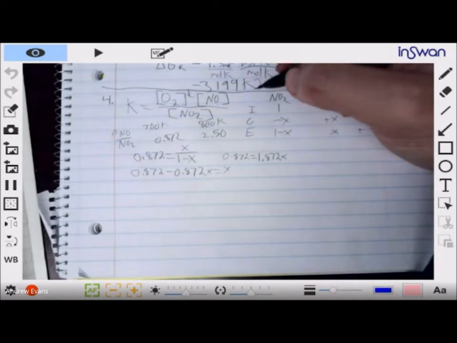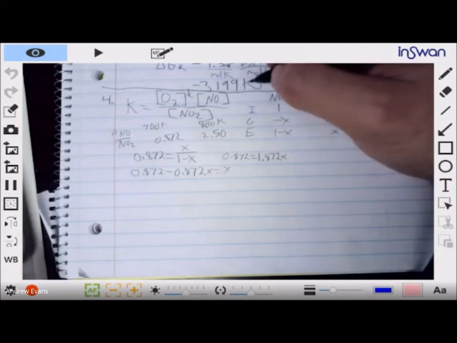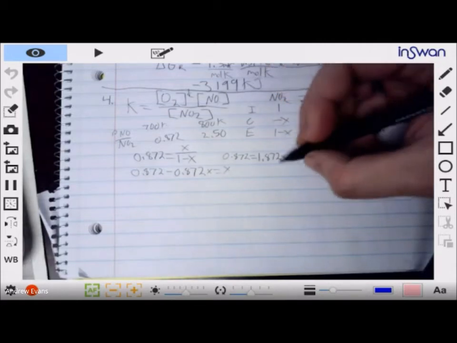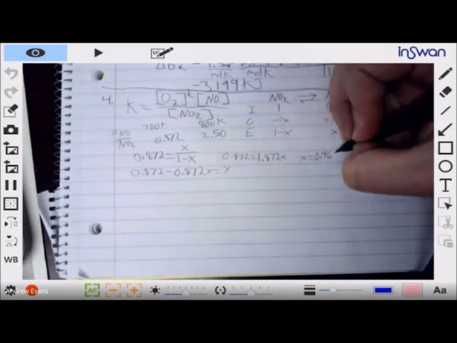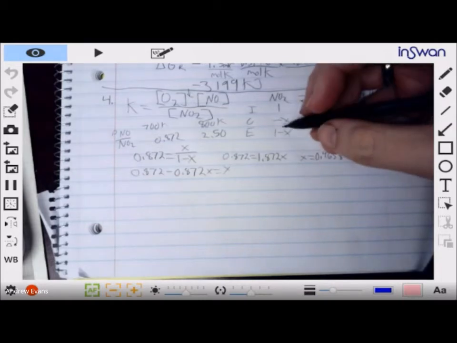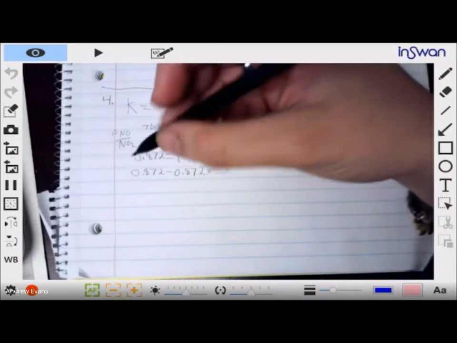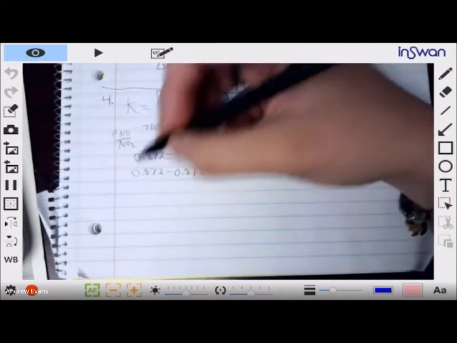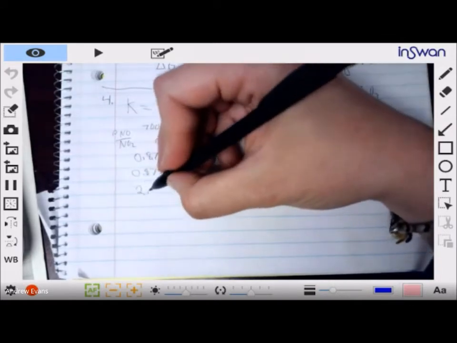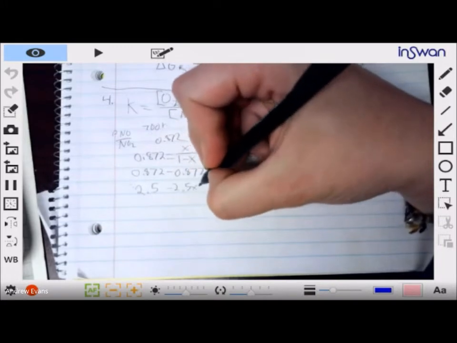X value being 872. X is 0.4658. Doing that again for the other situation, where it's 2.5, you'd get 2.5 minus 2.5x equals x.